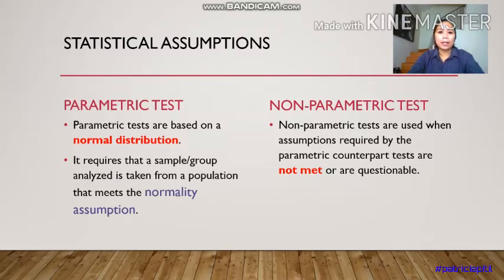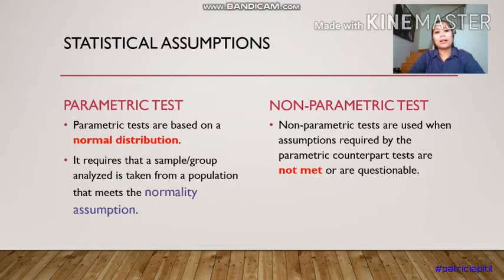The data that you will be obtaining from the data collection in the next semester must meet the statistical assumptions. It is because by meeting the normal distribution, it allows the data to be analyzed for hypothesis testing using parametric tests.